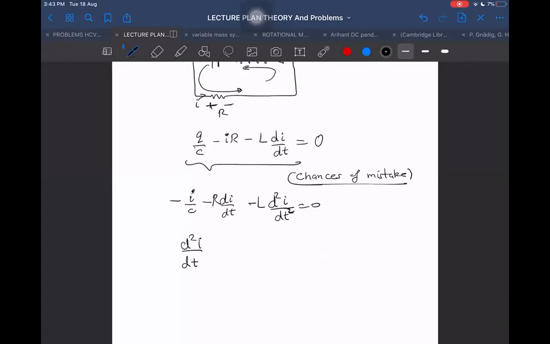Everything is positive. d square q by dt square plus R into di by dt plus I by C is equal to 0. This is the way I told you to remember in case of SHM also.